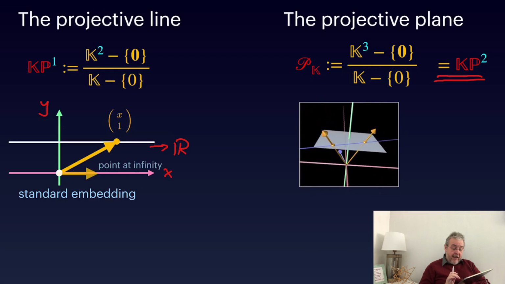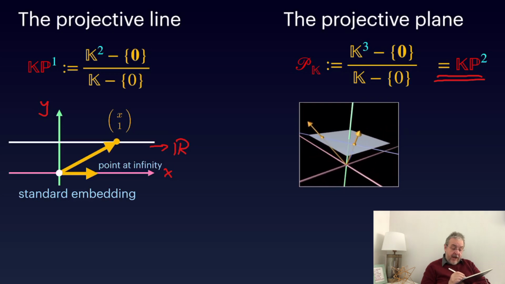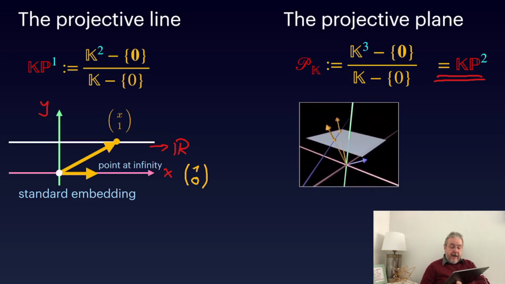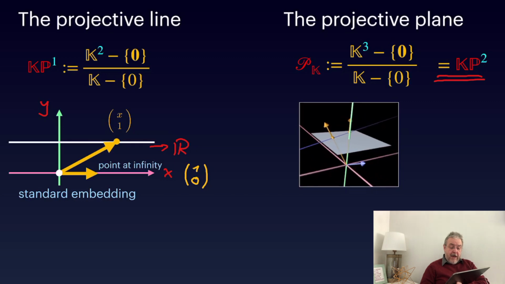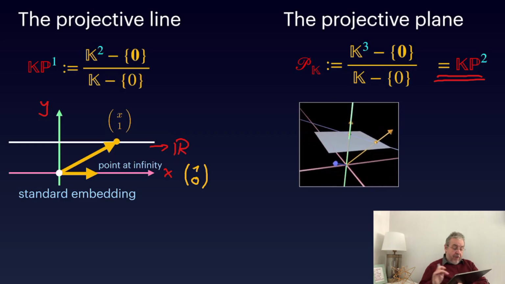By that we also get one point at infinity, which has the coordinates 1, 0 up to scalar multiple, and we can properly speak of points in KP1 as equivalence classes of points.